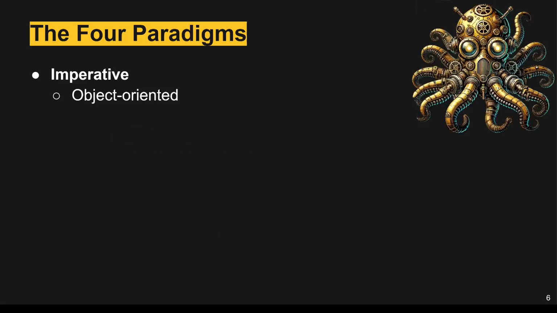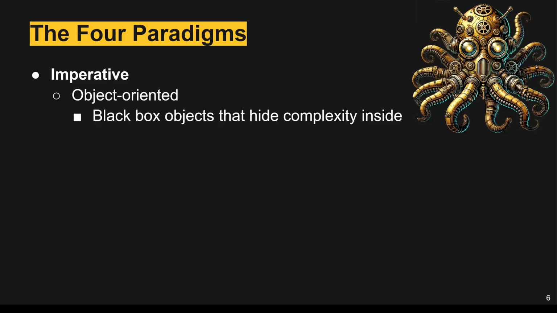So the next imperative paradigm is object-oriented. And basically, object-oriented is still pretty similar to procedural. There's quite a bit of overlap. And it has black box objects that hide the complexity of the problem they're solving inside of them, exposing a number of different interfaces, whether it's through accessors or some kind of entry point into the object that allows it to execute and run.